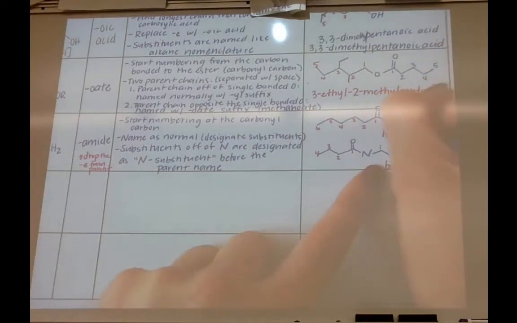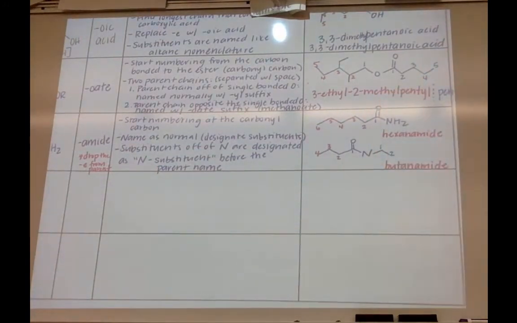Now, over here, we have 2 carbons connected to the nitrogen. 2 carbons is what substituent? Ethyl. Now, because it's connected to the N, it would be N-ethyl butanamide. You just treat that N as if it were a number.